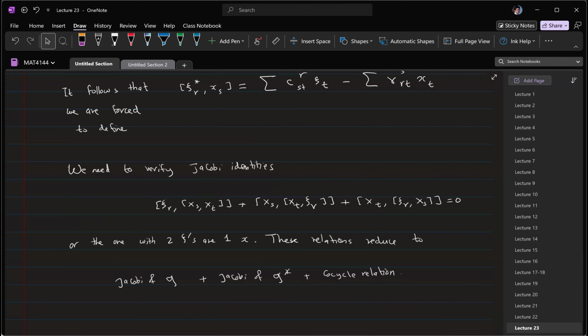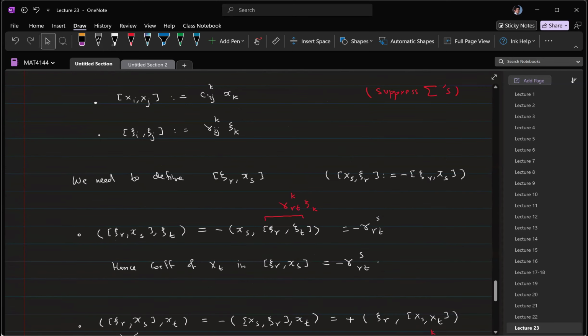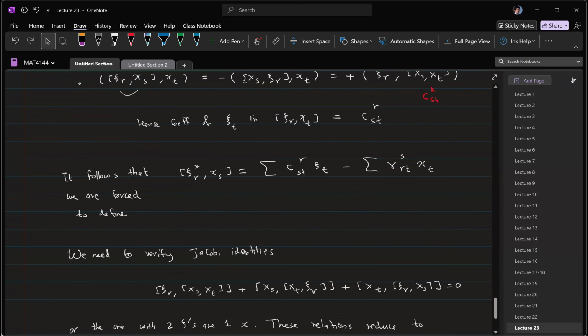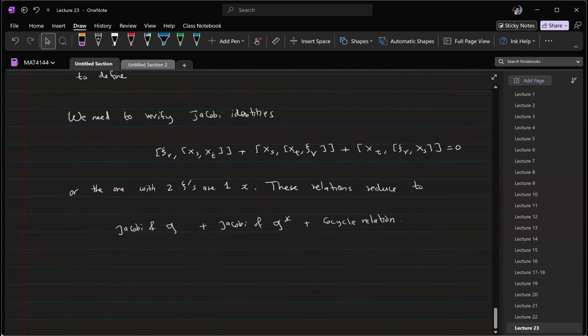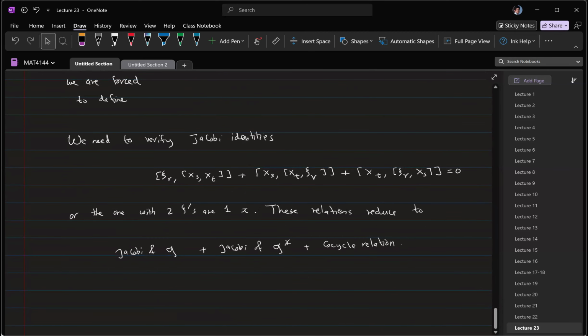I would like to talk about something more conceptual. So in fact, there's even more structure. We just saw that G and G star can be seen as Lie subalgebras of G plus G star, which now became a Lie algebra.